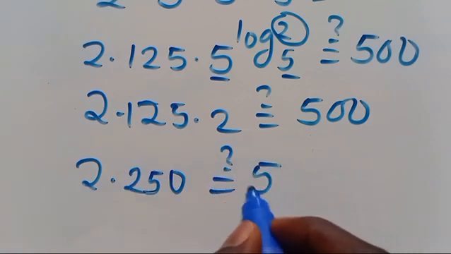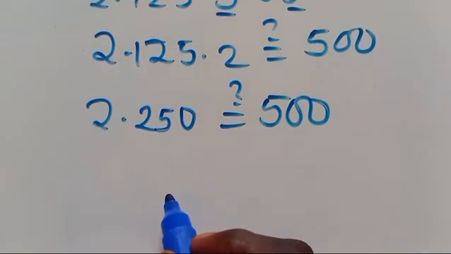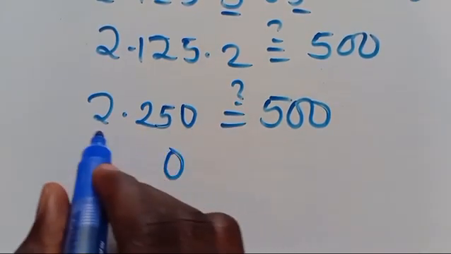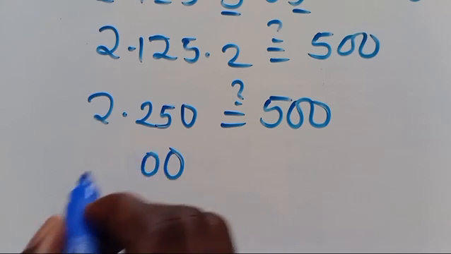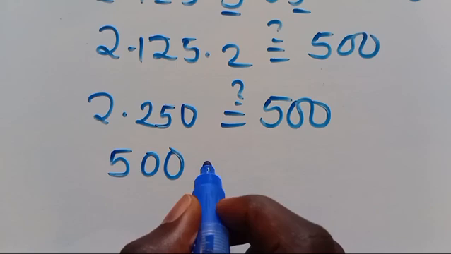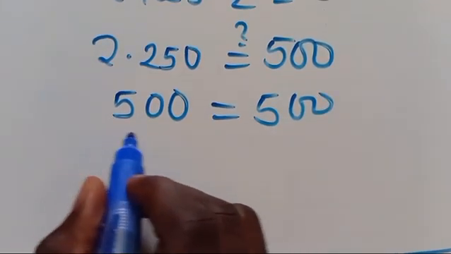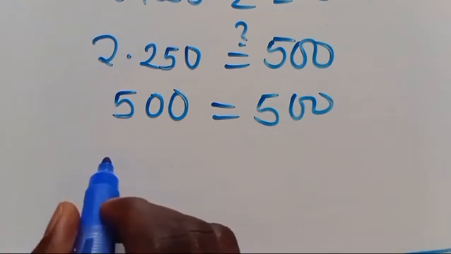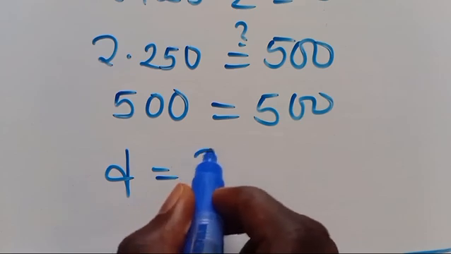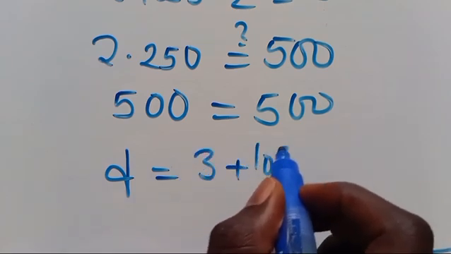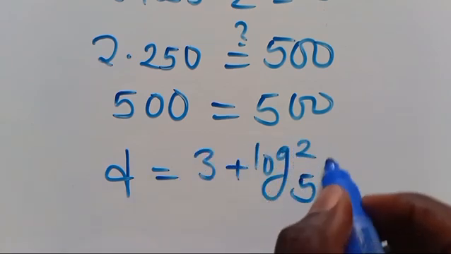Then times 2 again gives 500. So 500 equals 500. Since the left-hand side equals the right-hand side, d equals 3 plus log 2 in base 5 is correct.